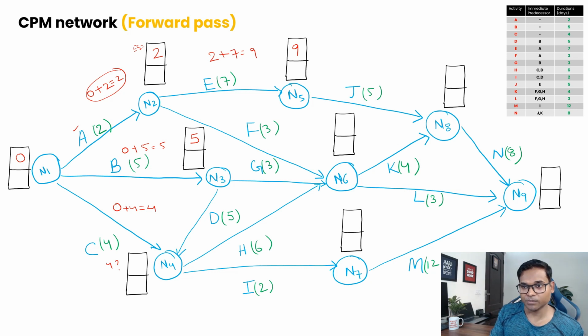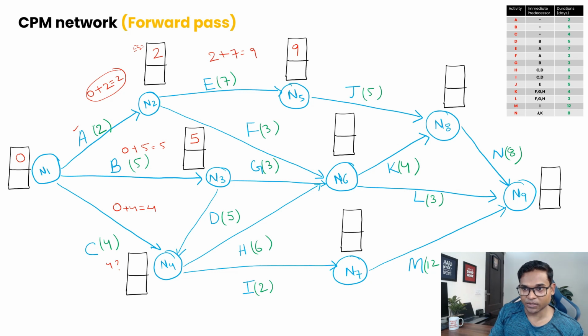No, because remember, at node 4 two paths are converging. At N2 there was 1, at N5 there was 1, so we straight away added. But here, in this path, two paths are converging. One is coming from N1 to N4, another is coming from N3 to N4. So first we need to calculate the early start for this one. For the path from N1 to N3 to N4, we need to add the durations.